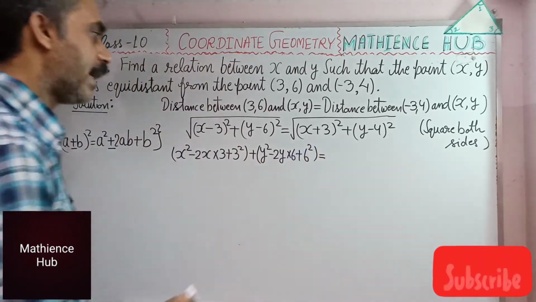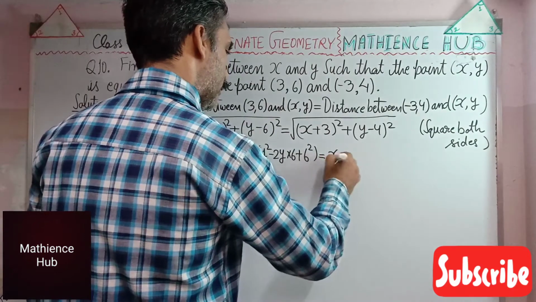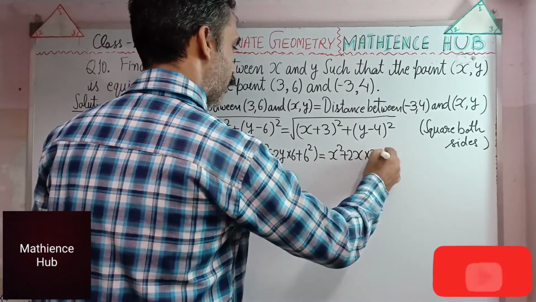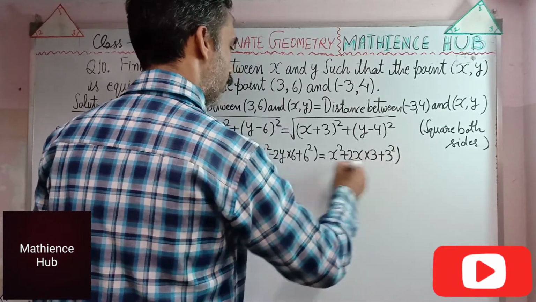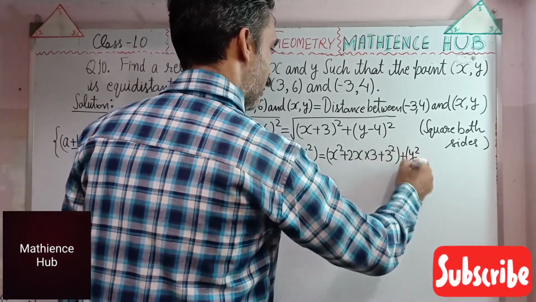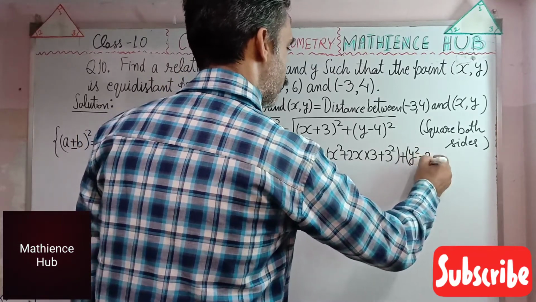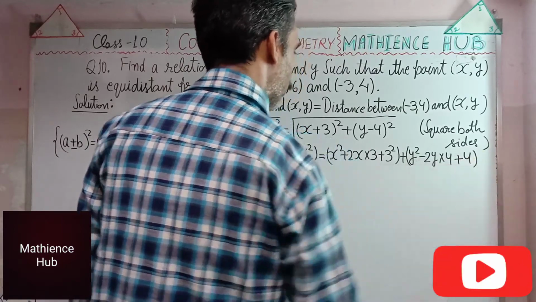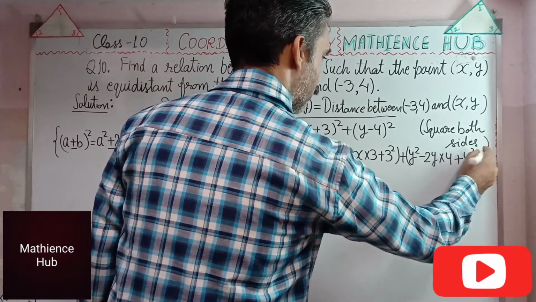In the right hand side, x square plus 2x multiplied by 3 plus 3 square, and plus y square minus 2y multiplied by 4 plus 4 square.